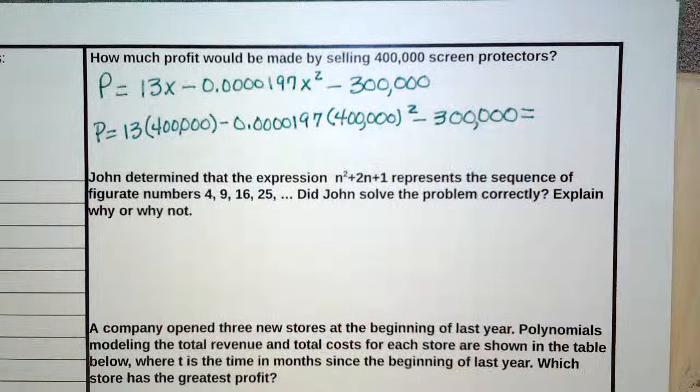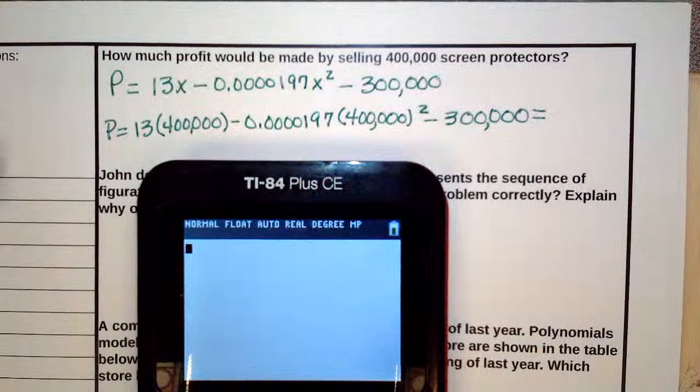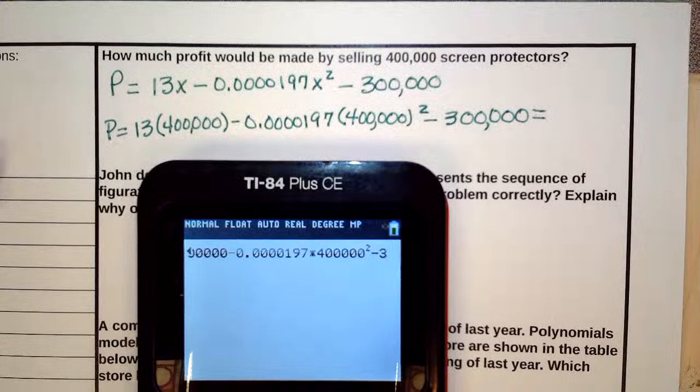Now, am I going to do this in my head? Don't think so. So I get my calculator. 13 times 400,000 minus 0.0234197 times 400,000. This time I square it. Minus 300,000.